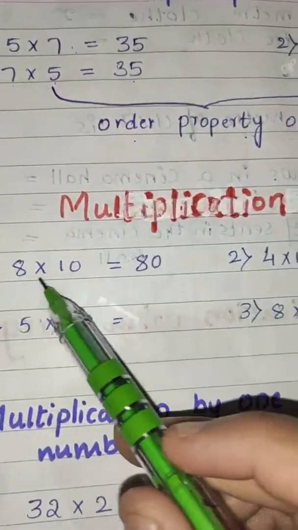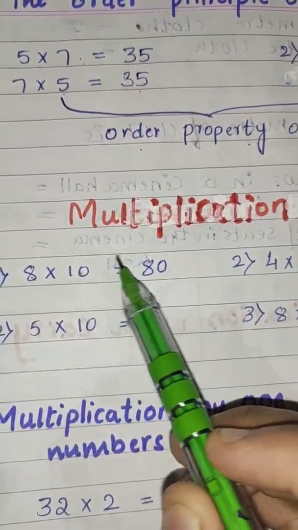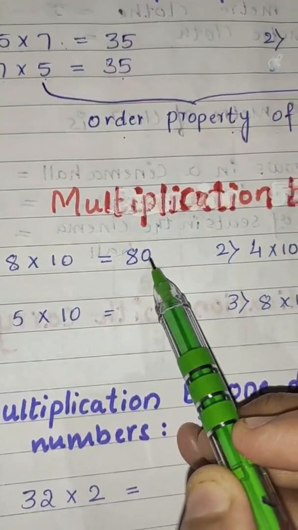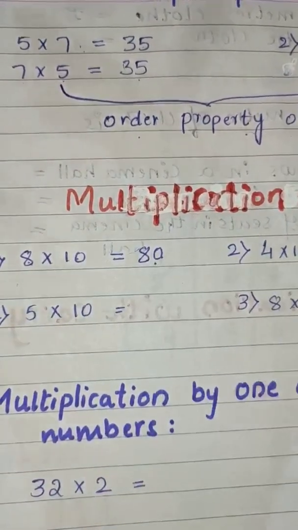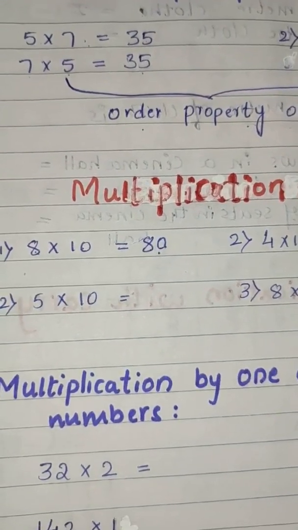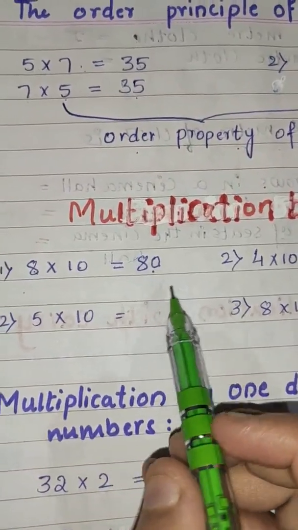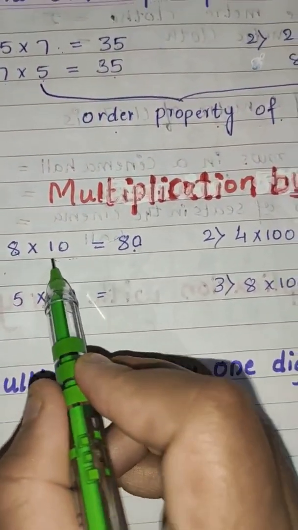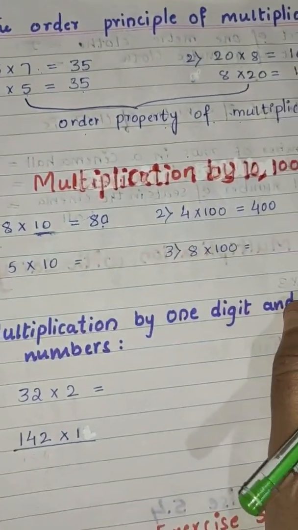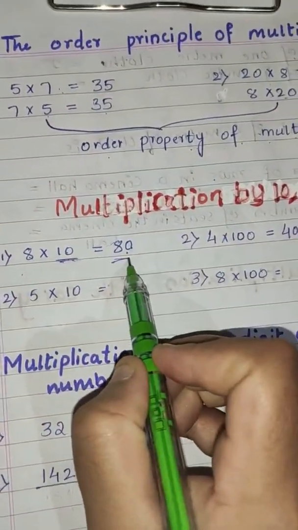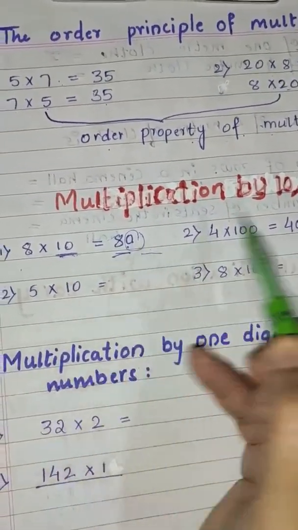Children, now observe this example. Can you see this? 8 into 10 is equal to 80, right? So after observing this example, what can you say here? When a number is multiplied by 10, the product is obtained by placing 1 zero to the right of the multiplicand.